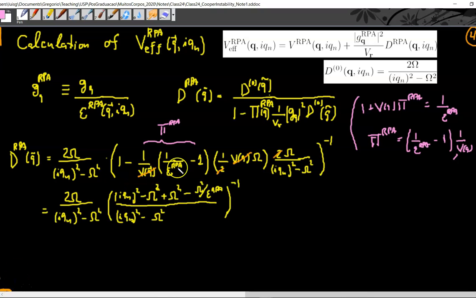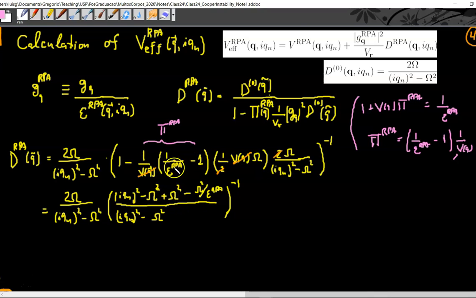So now this of course cancels here, there's this 2 here that cancels as well, and then there will be this 1 minus 1 over epsilon RPA, right? And now I multiply this 1 over epsilon RPA minus 1 times this omega squared that I have here. So I have omega squared over epsilon RPA with a minus sign plus omega squared, which is this one.